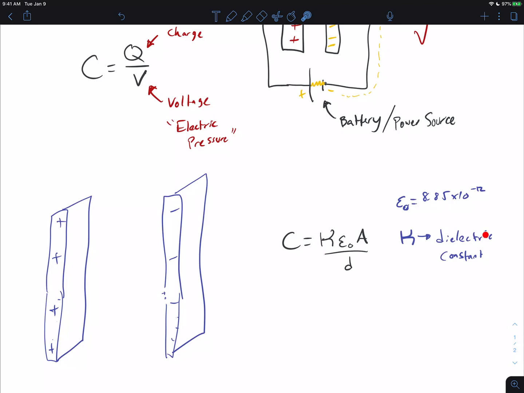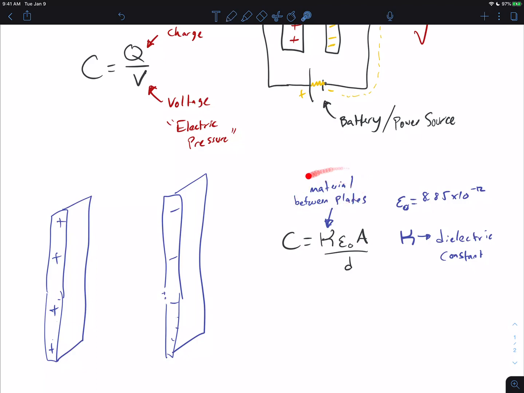So my dielectric here is something that we'll usually have to solve for, but we don't have another formula for this right now. So what we're going to do is just treat this as whatever my material between plates is.